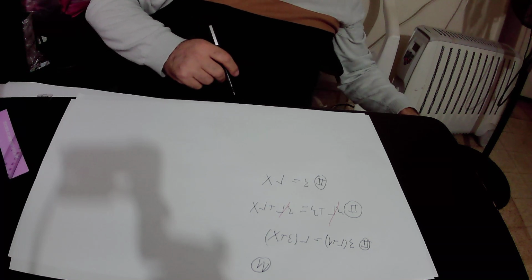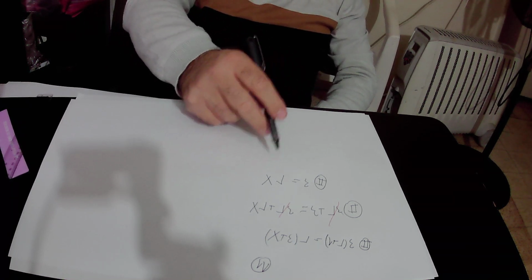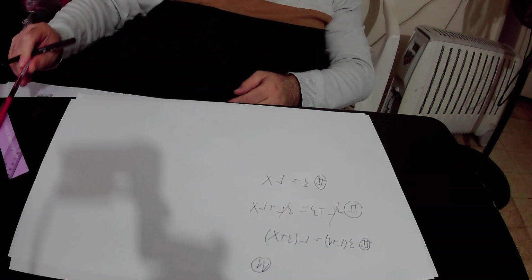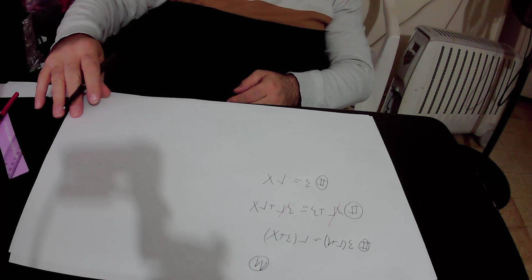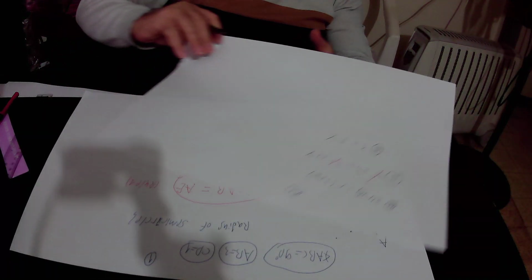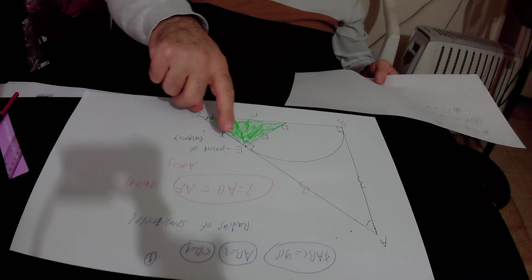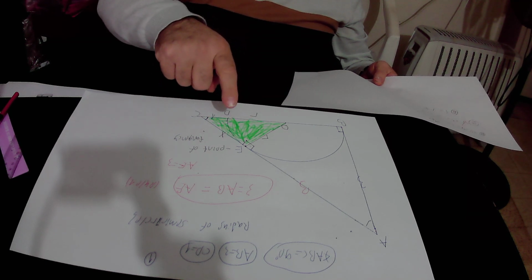So here we will divide this equation by X. It is allowable to divide the equation by X, because X can never be 0, because X is the side of the green triangle EOC.